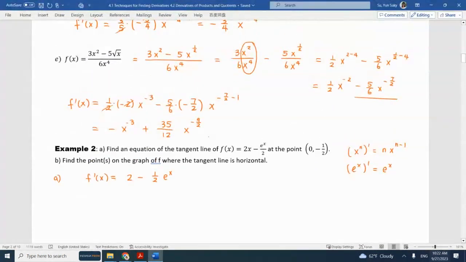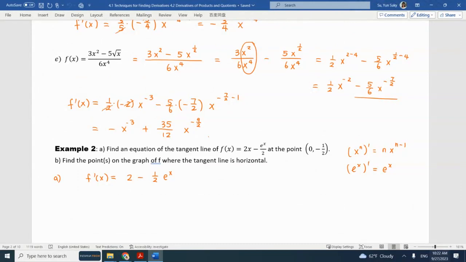All right. So last time we talked about the power rule and the exponential function. For the exponential function, the derivative is itself. This is so special, right? Because usually for a function, the derivative will be different. But e to the x is so special, the derivative is itself.